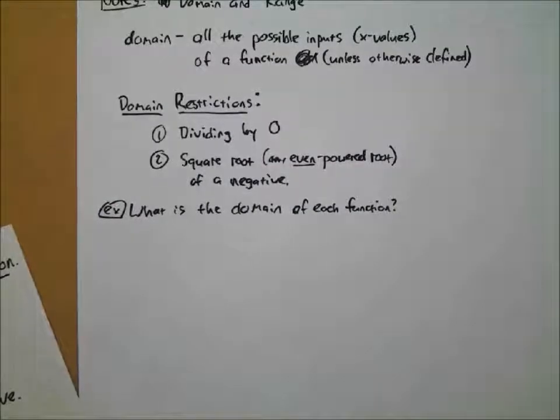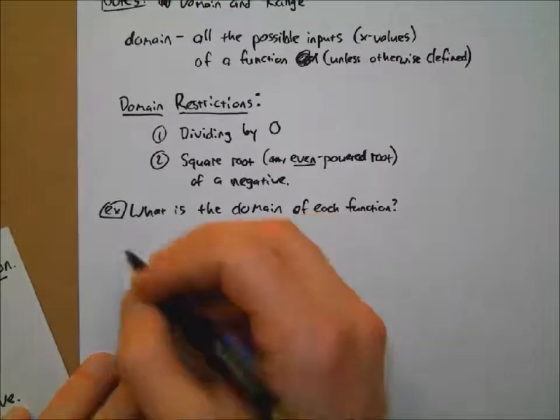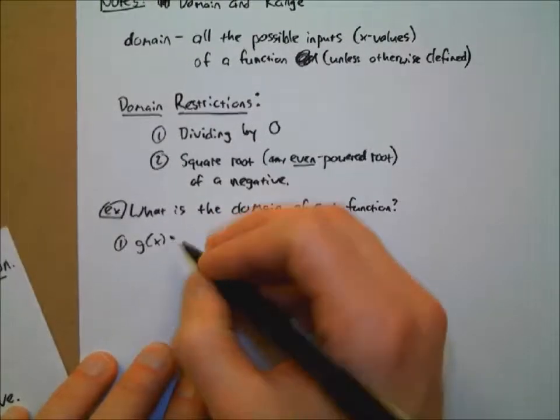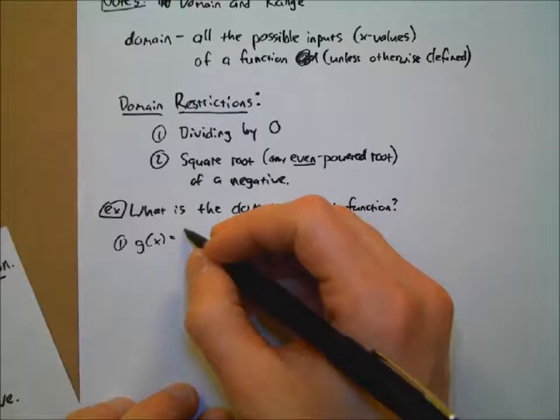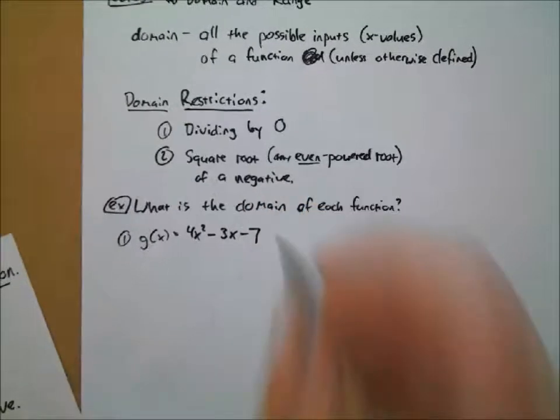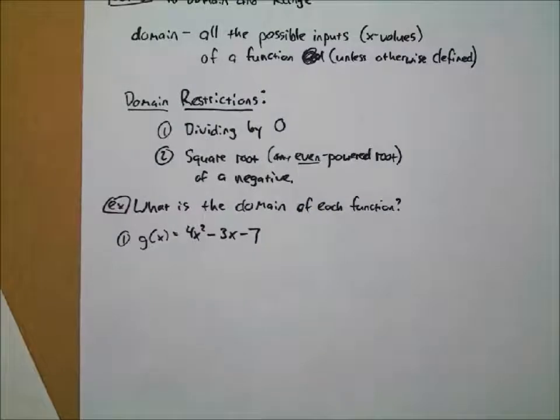All right, so we'll start with this first one here. We'll say g of x is equal to 4x squared minus 3x minus 7.